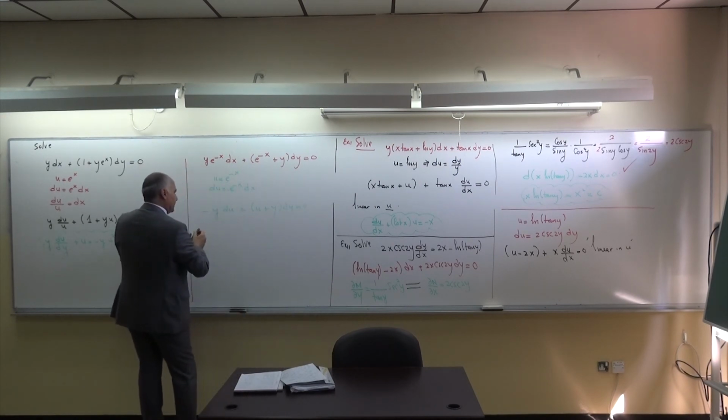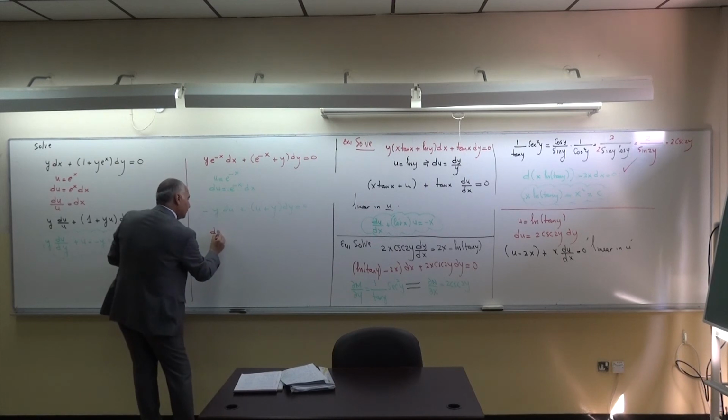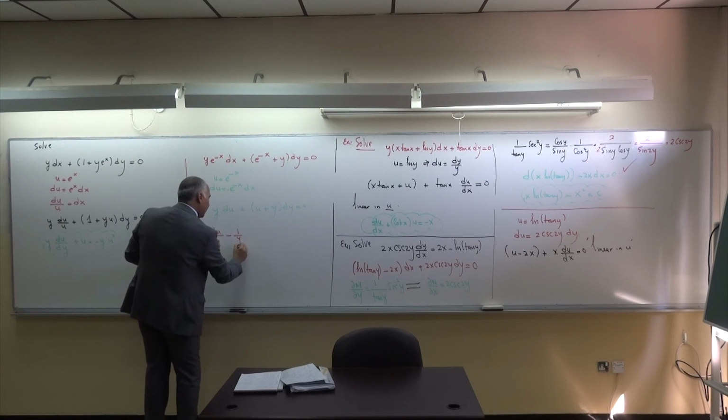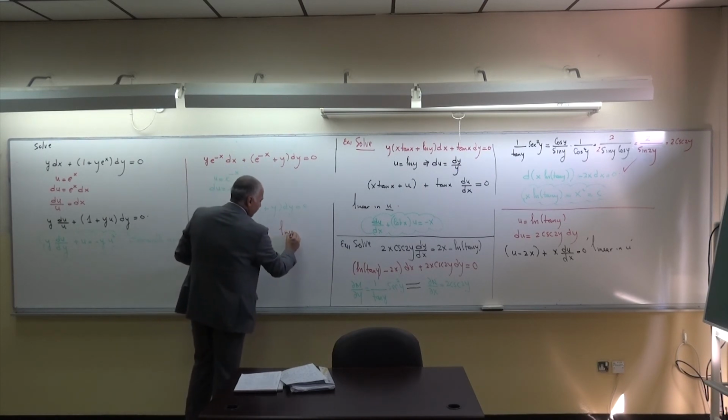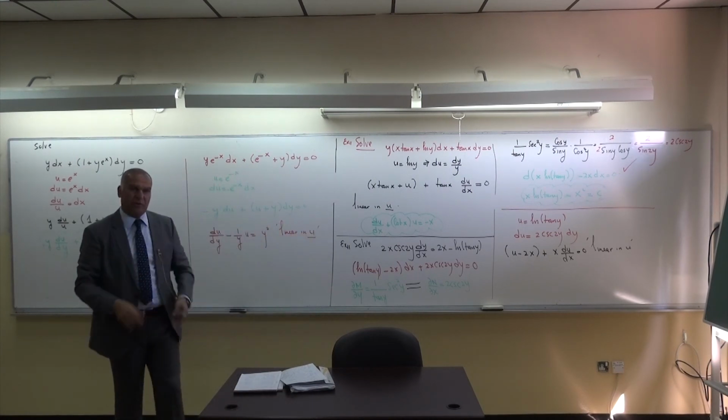You simplify it، اهو du على dy minus 1 على y في u يساوي y square, which is linear in u، فما له داعي بعد هني تحلها كبرنولي.